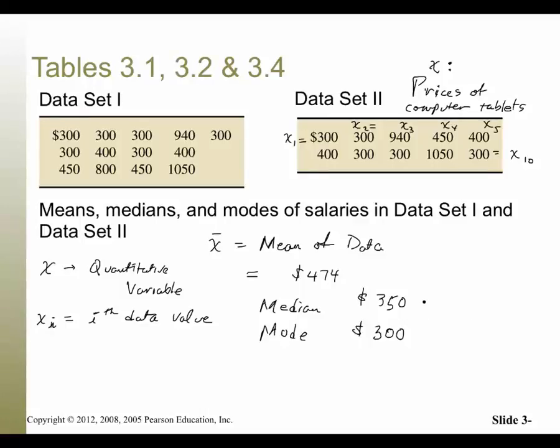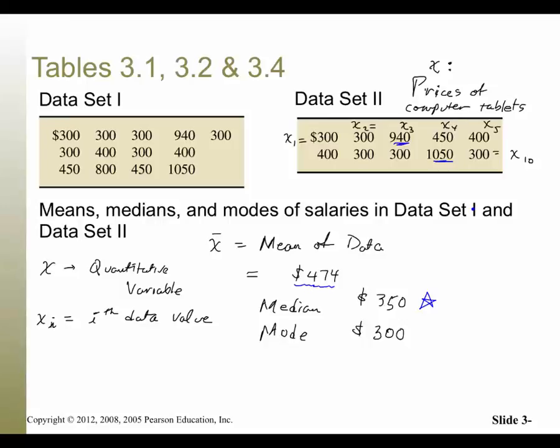And why not the mean? Why is that so high? Yeah, it's shifting. There are two values here that are way higher than the rest, and it's shifting the mean up. Whereas a better indication of a typical price of a tablet is 350.